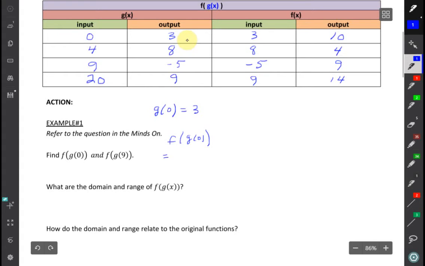So in this notation, the g at 0, its output is 3. Now we're using the input of 3 into f. And where 3 is an input for f, the output is 10. So the answer to this is 10. So f at g at 0 is equal to 10.